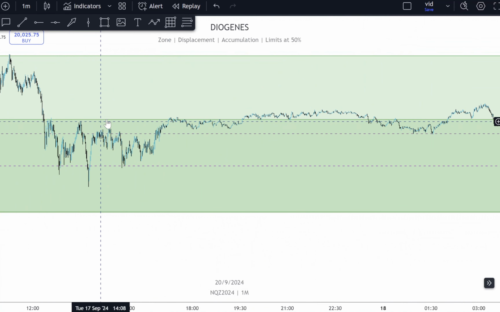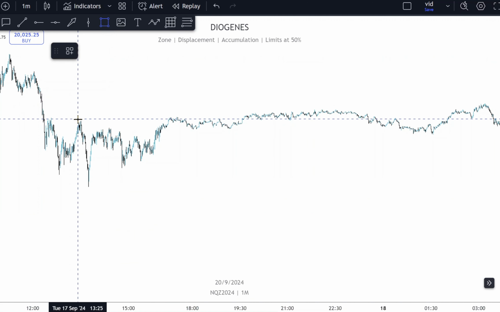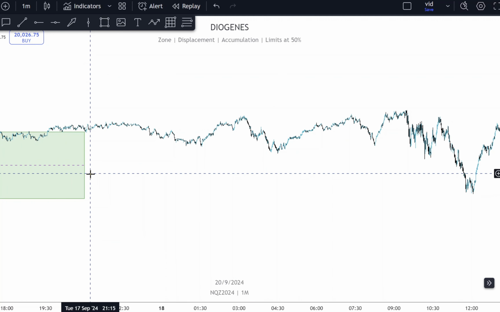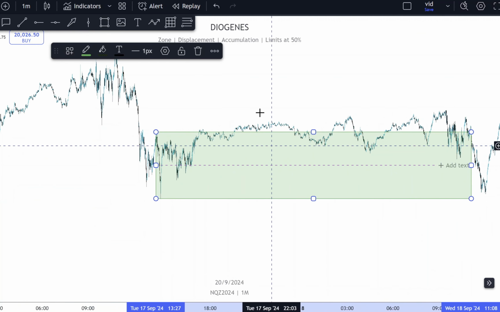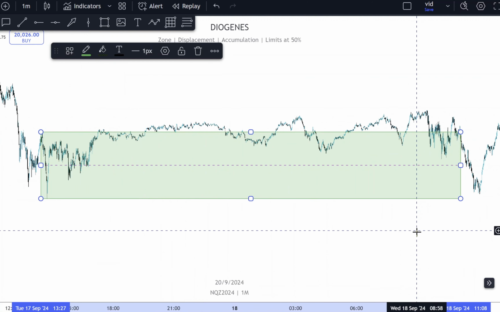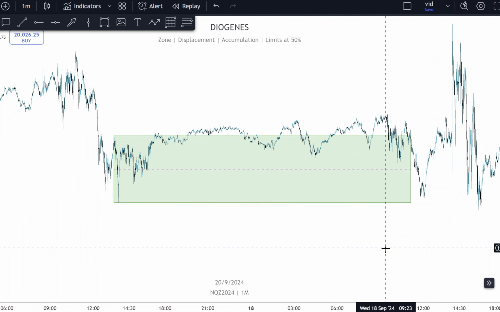So when they closed above this zone, they just kept accumulating the whole Wednesday, right?